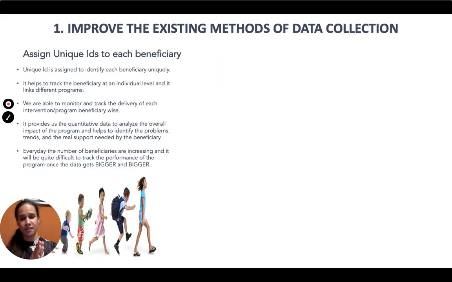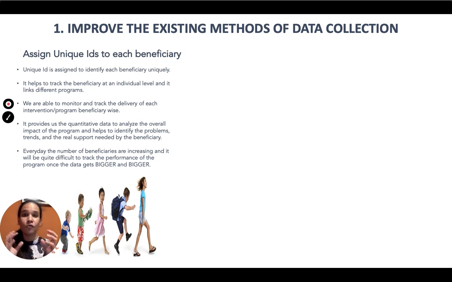The first thing to do when you start building an MEL platform, or if you want to strengthen your data collection, is to assign unique IDs to each beneficiary. Now, why it's important is because a lot of times when you're working, in our example of digital infrastructure, with 10,000 different students, and from previous examples that we saw, one student needs to be tracked over time.